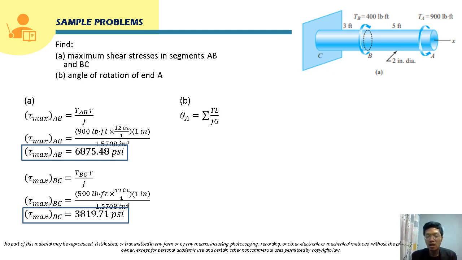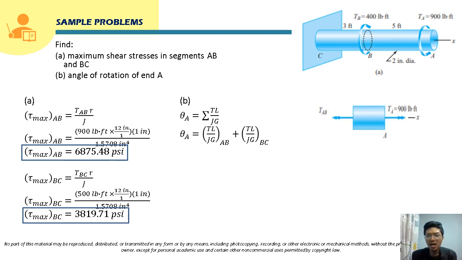For the angle of rotation at segment AB, we are going to consider the sign convention for angle of twist and internal torques. The internal torque here is this T_AB, represented by this double-headed arrow.